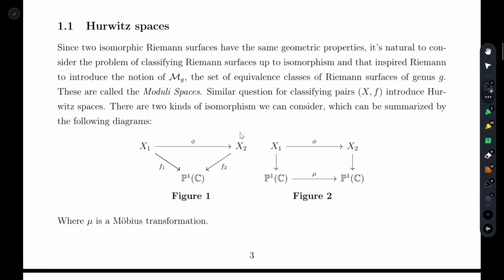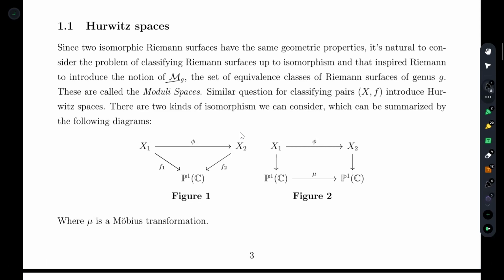So we know that the set of all equivalence classes of Riemann surfaces of genus g is the moduli space M_g. This is a very standard object of study in modern times. And for these pairs, we have a notion of isomorphism.